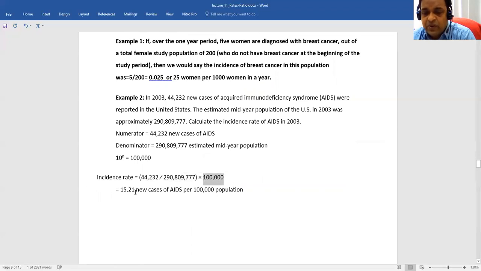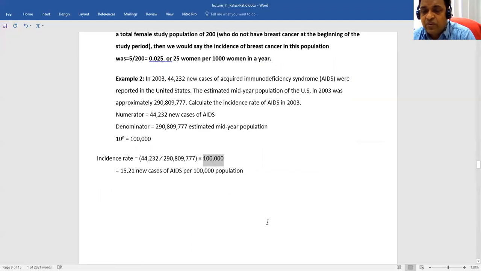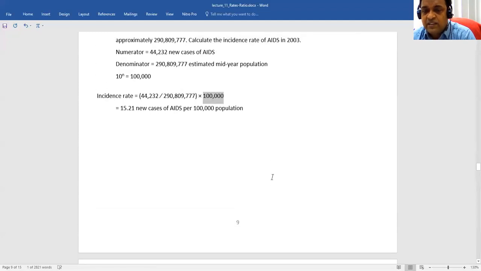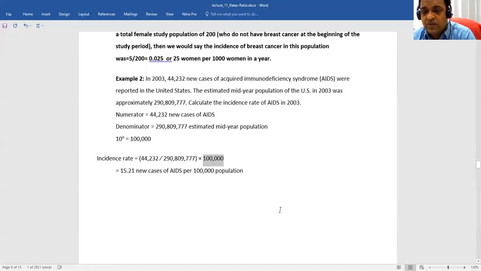It will be 15.21 new cases of AIDS per 100,000 population. That is, we can say the incidence rate in 2003 for developing AIDS was 15.21 per 100,000 population. So this is the incidence rate for people developing a disease. What is the risk that new people develop some disease?